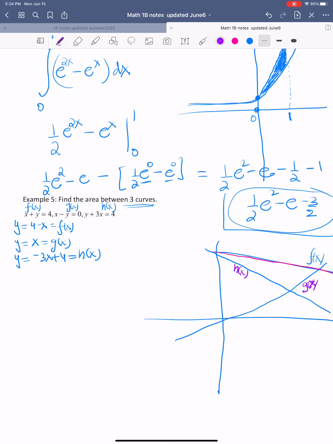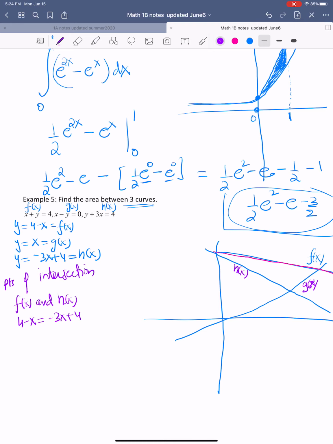Okay, let's find the points of intersection. So I have three different curves. I'm not going to set all three equal to each other. First, I want to find points of intersection of f of x and h of x. So I'm going to be dealing with 4 minus x equal to negative 3x plus 4.